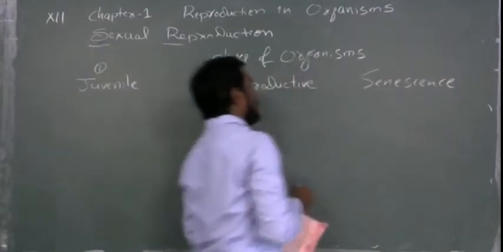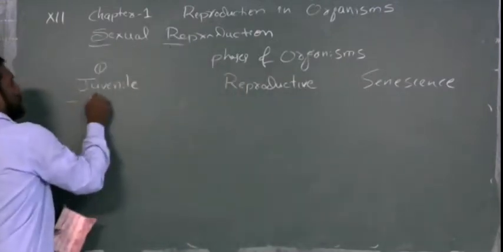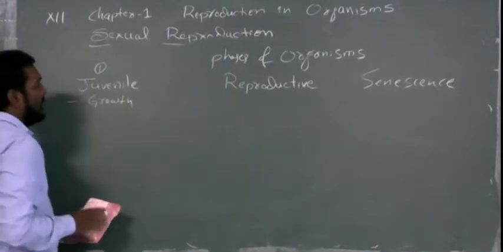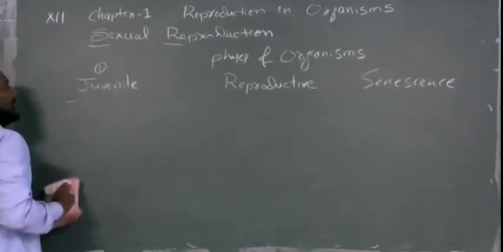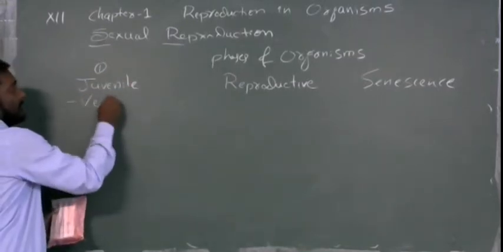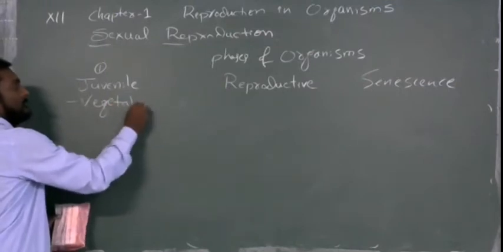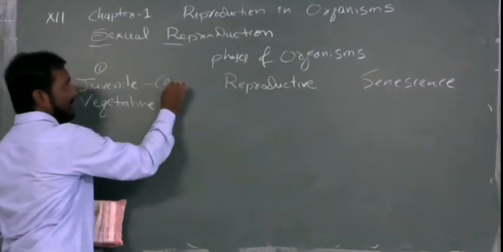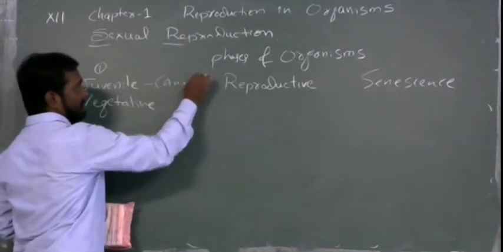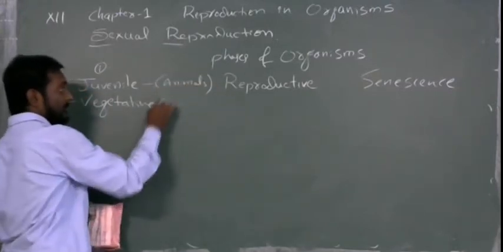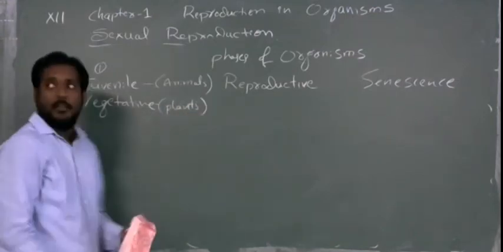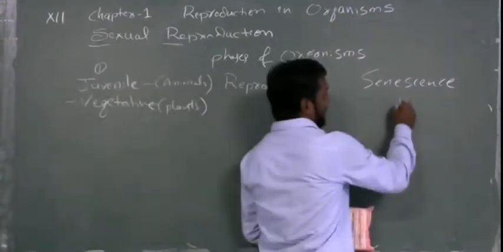This is called the growth phase, and another name is the vegetative phase. Especially the juvenile will be mentioned in the case of animals, and vegetative will be mentioned in the case of plants. Senescence phase is the death phase.